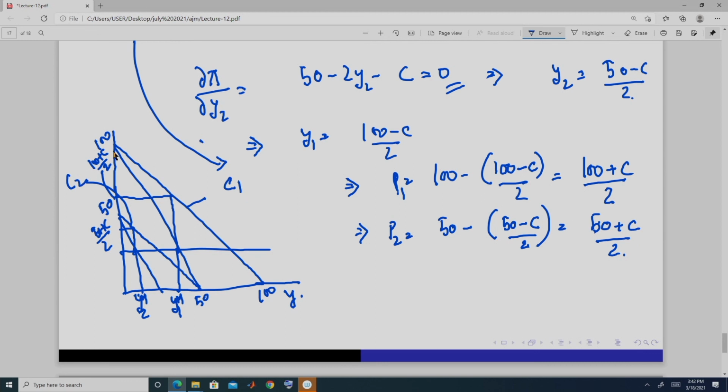Okay. So, this is a third degree price discrimination. Okay.